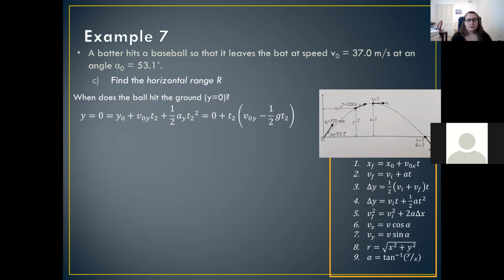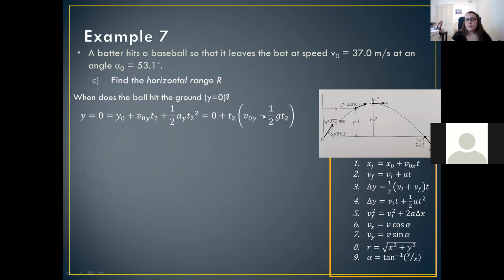And so this equation, we can simplify it a little bit. We can see in those other parts of the equation, the v0y times time plus the 1/2 ay times time squared, both of those terms have time in them. So if we pull out the time, we can simplify that equation a little bit.